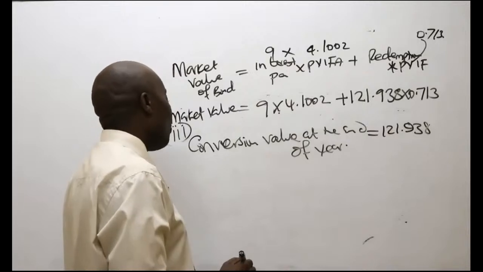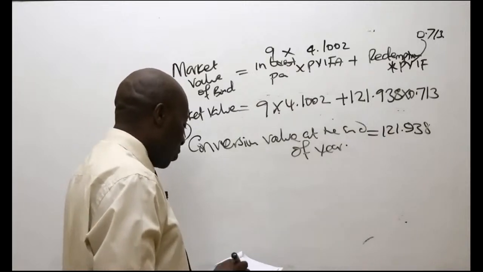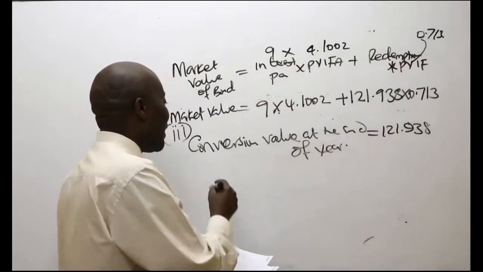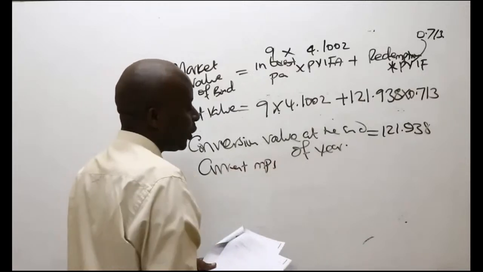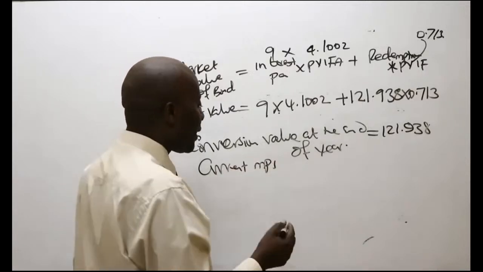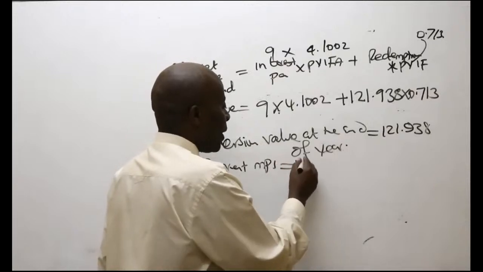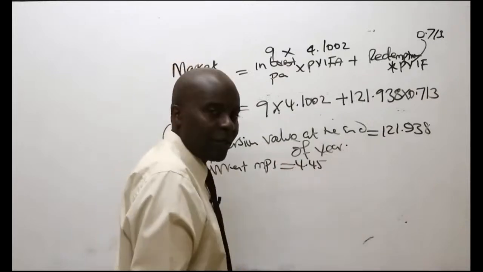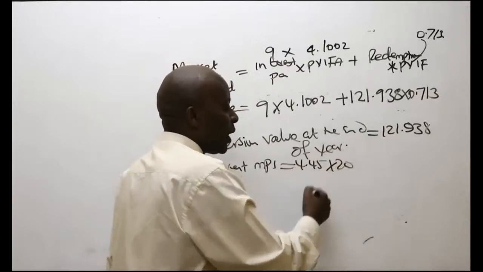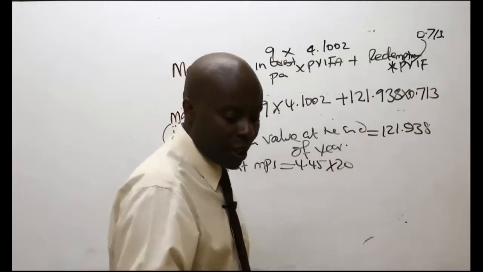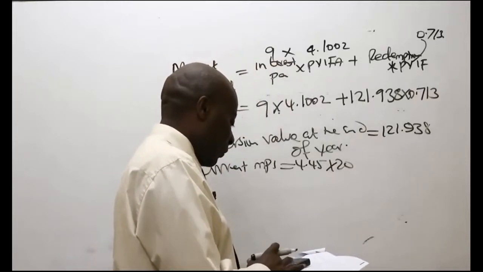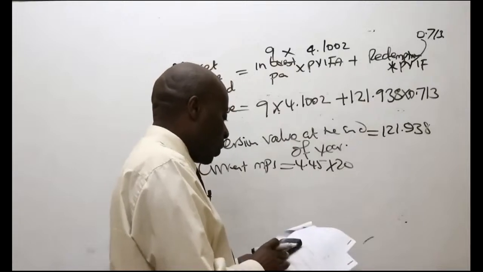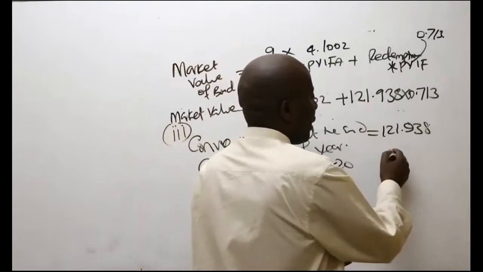So compare this, ladies and gentlemen, with the current market price per share for all the shares that you have. The current market price per share is 4.45. And remember, we are talking about how many shares? We are talking of 20 shares. So we have 4.45 times 20 shares, which will end up giving us 89.